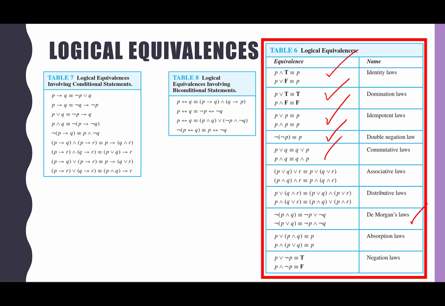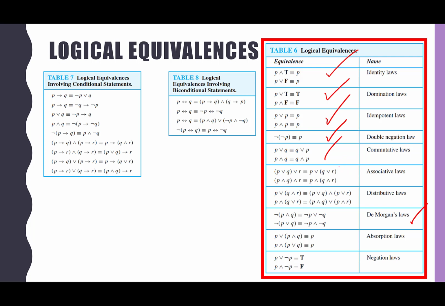Associative laws. Now, notice what's happening here. Let's look at this first one here. We have a series of ORs with some parentheses around it. P or Q in parentheses ORed with R is the same as P ORed with Q or R. That's hard to say.